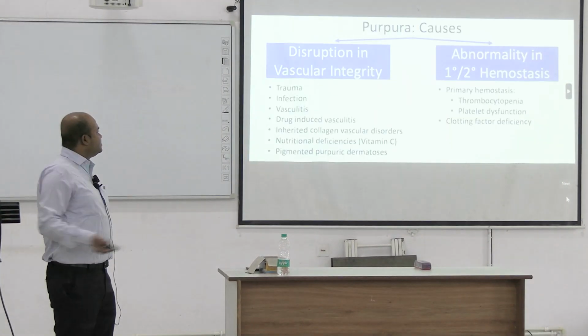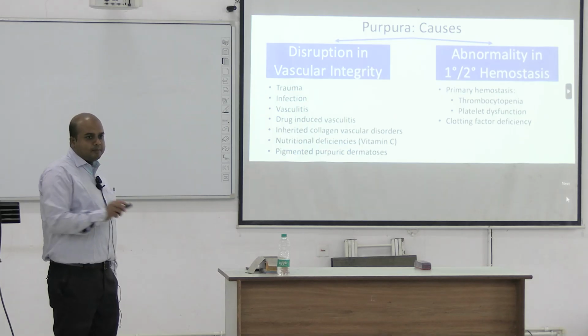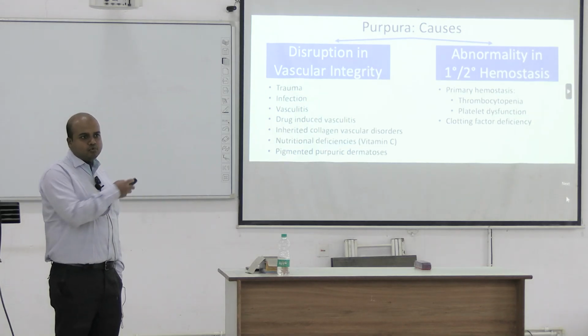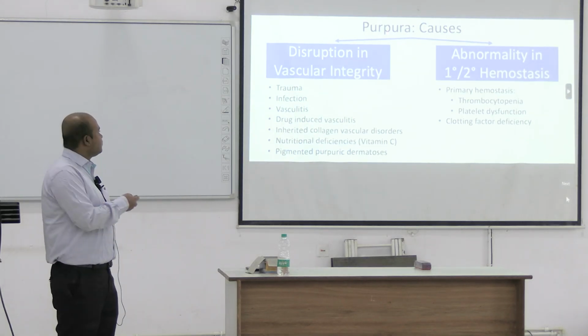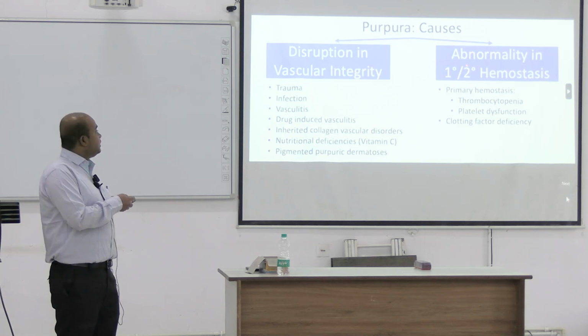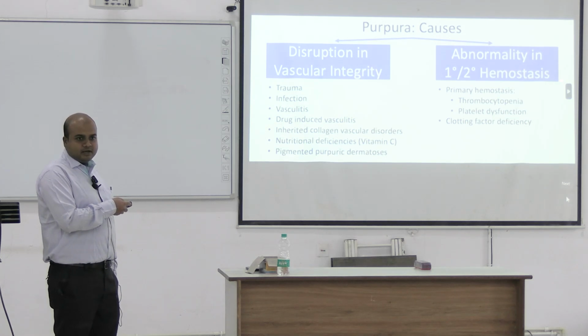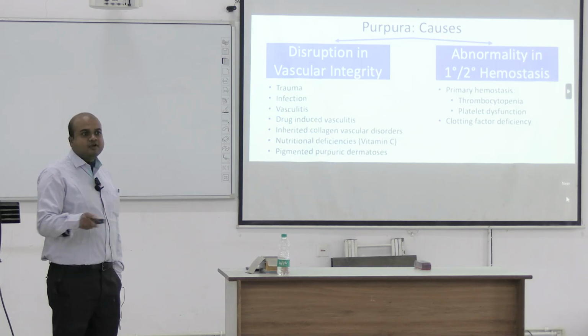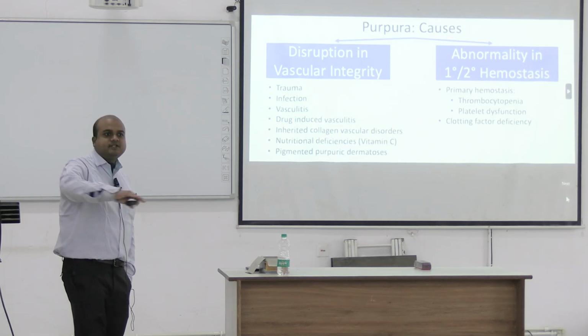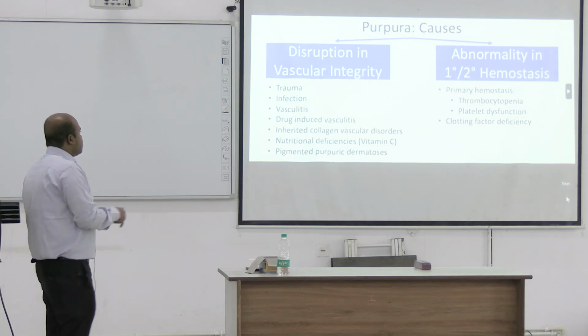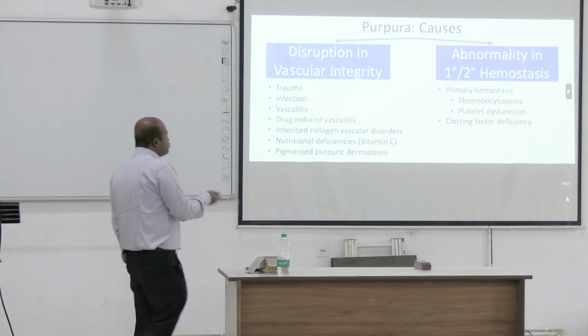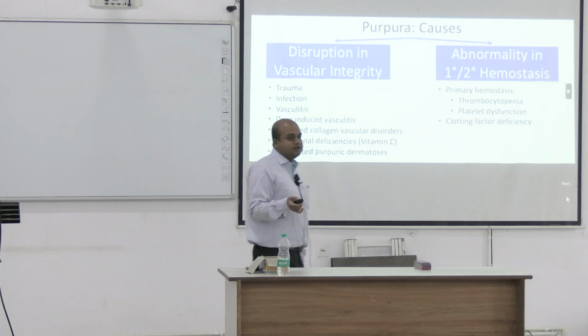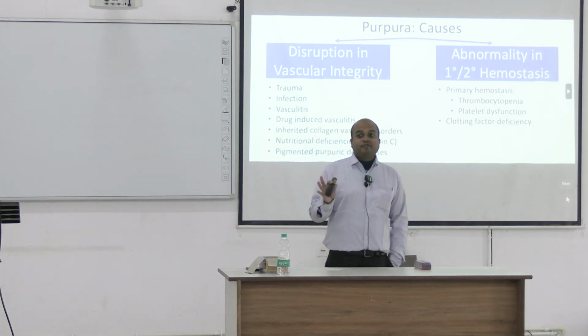There are different types and causes. I am just suggesting you not to memorize an extensive list as of now. This slide is just to show you that it may be an abnormality in primary and secondary hemostasis, and causes may be related to the endothelium: disruption of vascular integrity, meaning an endothelium breach due to trauma, infection, anything. Vasculitis: wherever you find the term itis, it refers to inflammation.